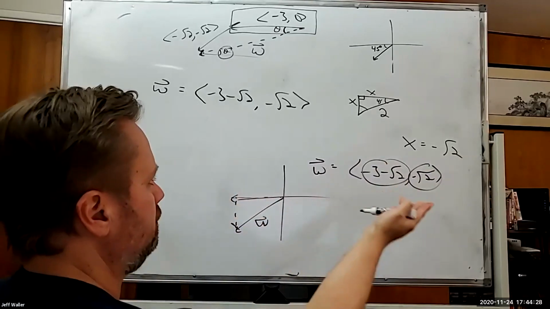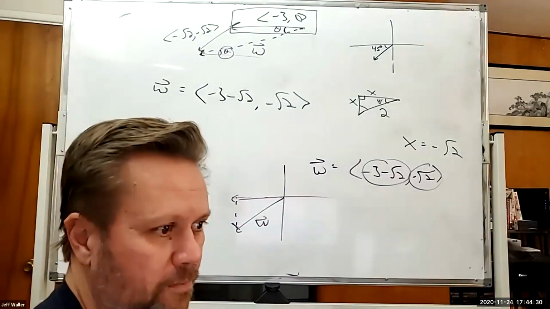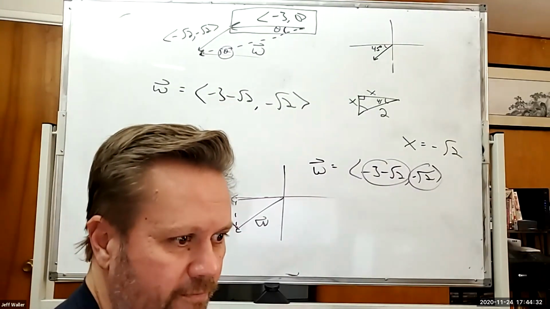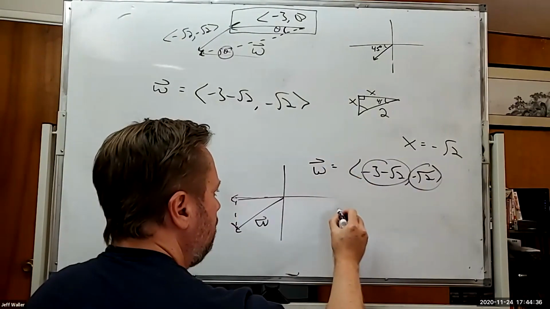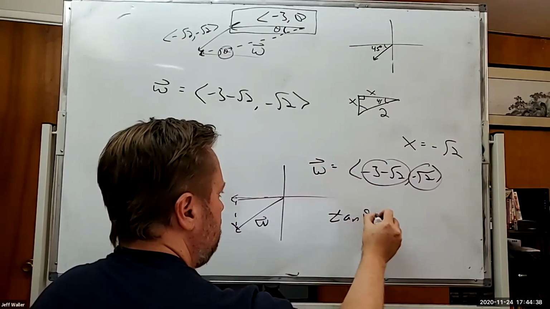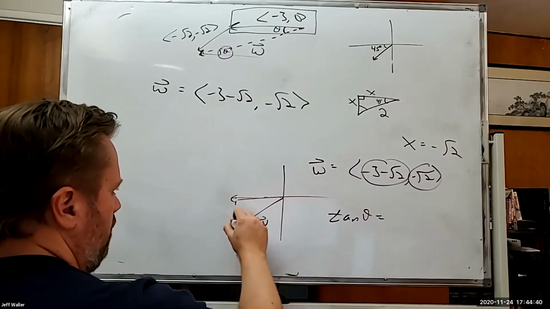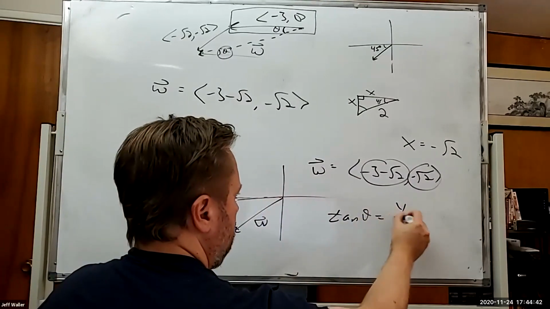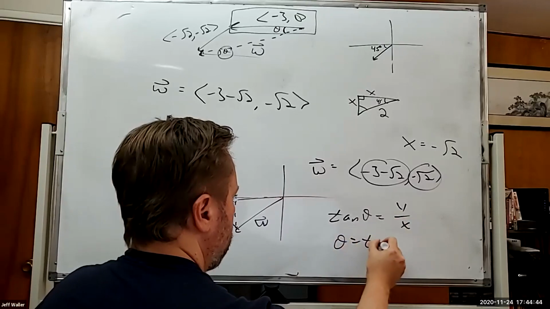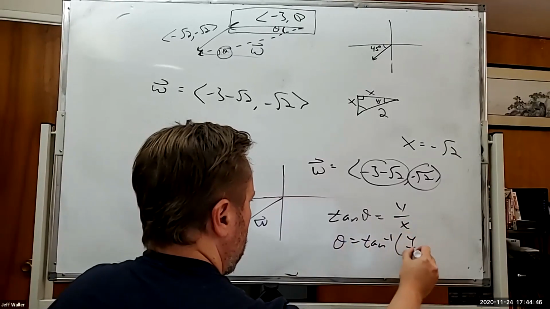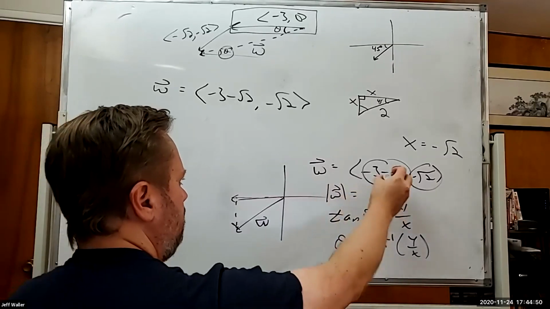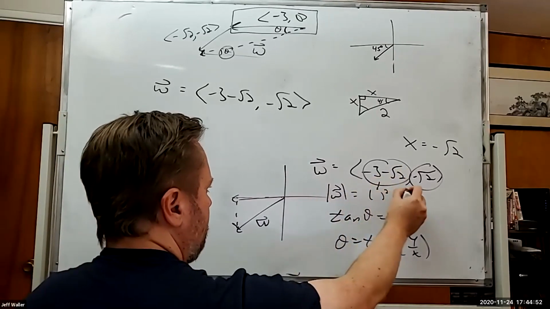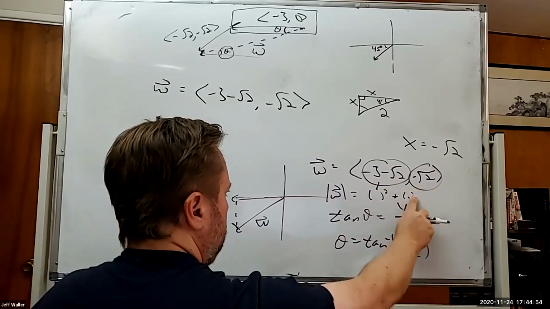So wouldn't I just do x squared plus y squared, square root, to get the length? And then to get the angle, isn't the tangent of theta equal to y over x? So I would do the inverse tangent.